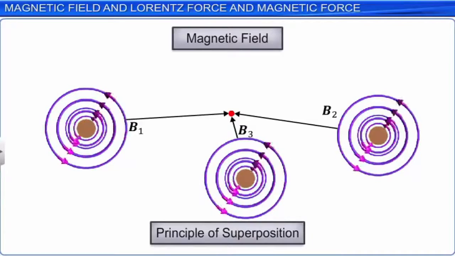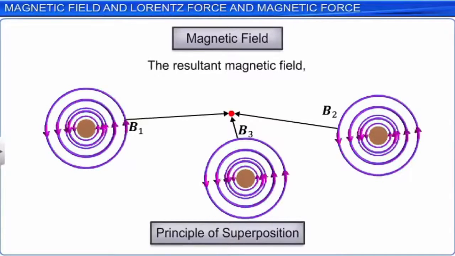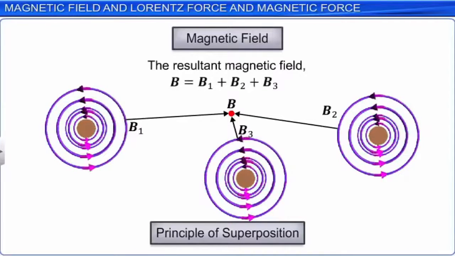Then, the resultant magnetic field B at the point is the vector sum of the individual magnetic fields. That is, B is equal to B1 plus B2 plus B3.